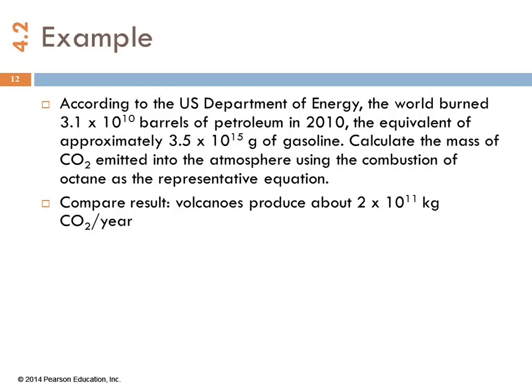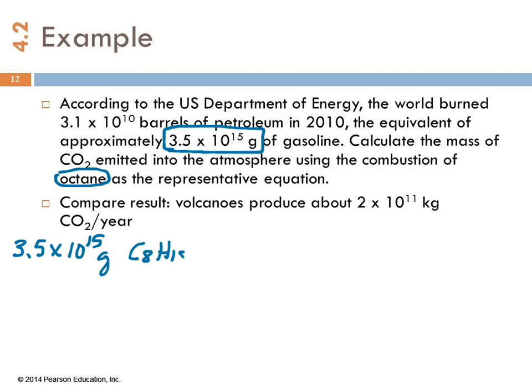So lots of stuff going on in this question, but this is what we need. Here's our mass, and it's gasoline, but we're told to look at the combustion of octane. So we're going to take that to be 3.5 times 10 to the 15 grams of octane. From that equation on the previous slide, we know that it's C8H18.